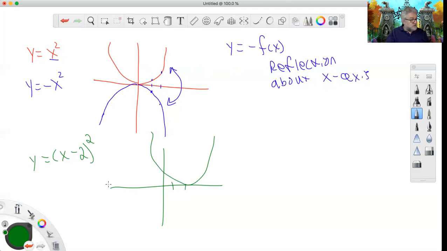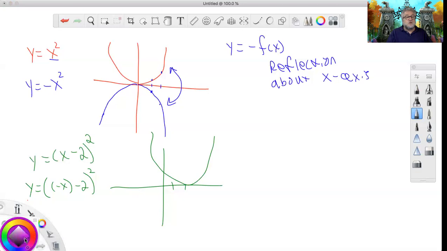Positive 2 shift. And now I put in y equals a minus x. Don't really need the parentheses, but I want you to see it so you understand it. So y equals minus x. I should have done that in red or something. No, we'll use a different color.